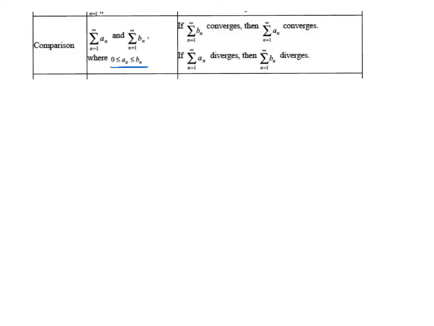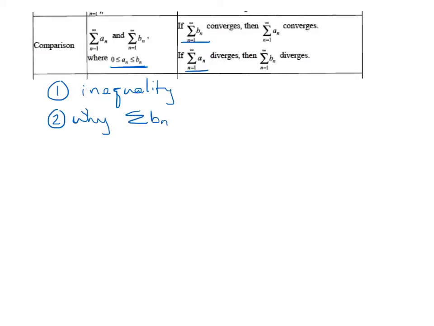You have an inequality, so things I would expect to see in the work is an inequality, and then I would expect to see also why either the sum of b sub n converges or why the sum of a sub n diverges.